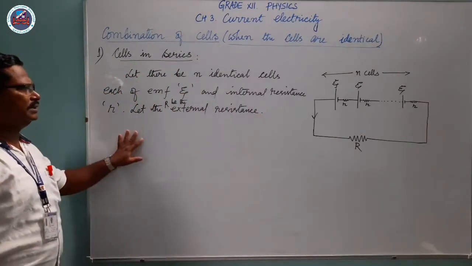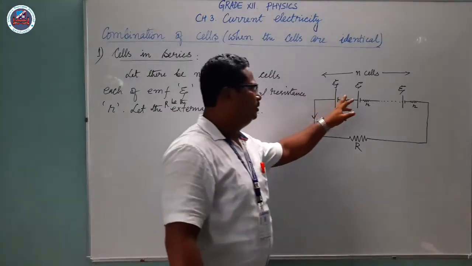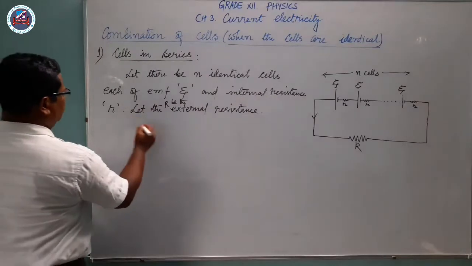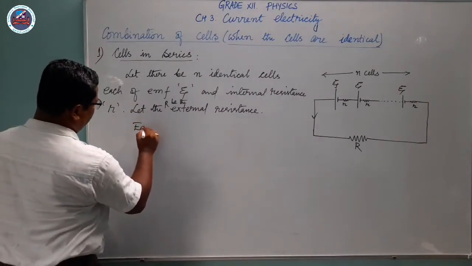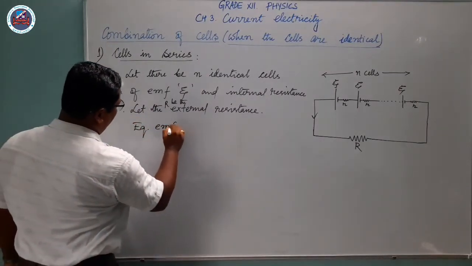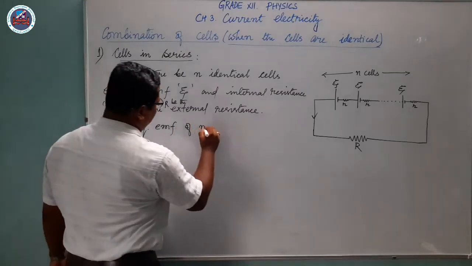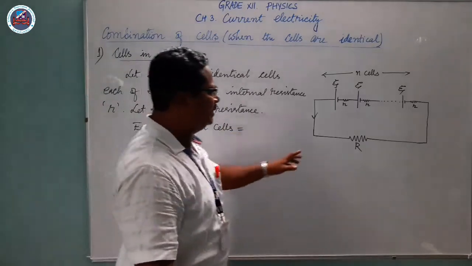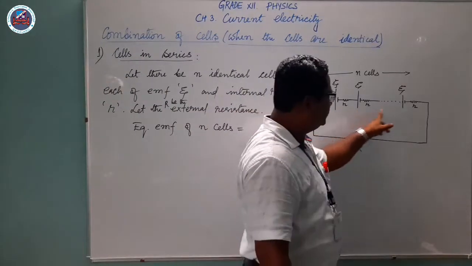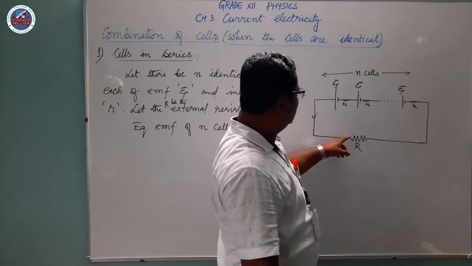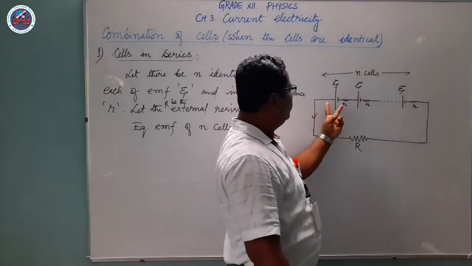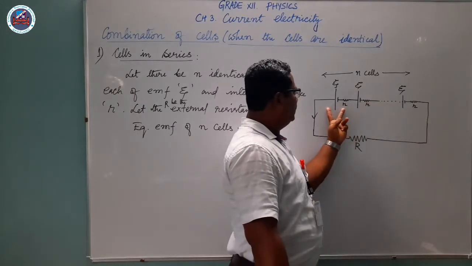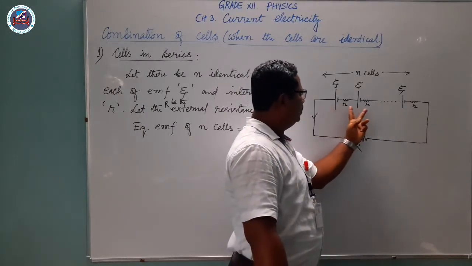Now you have to find the equivalent EMF of the cells. How will you find it? The equivalent EMF of n cells is equal to, you have to think, these cells are connected in series. In series connection, the current remains the same, and the EMFs will be all different.